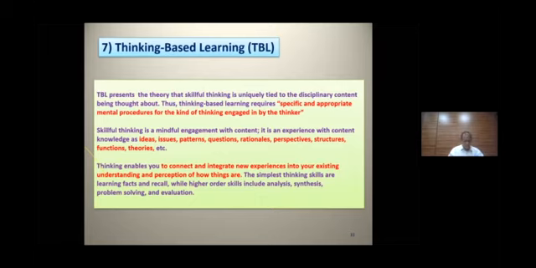The seventh method that I am proposing here is thinking-based learning. Thinking is the important process that makes the student learn. If he is not thinking, he will not be in a position to learn. We assume that once the student hears some subject, they understand and then retain it forever.